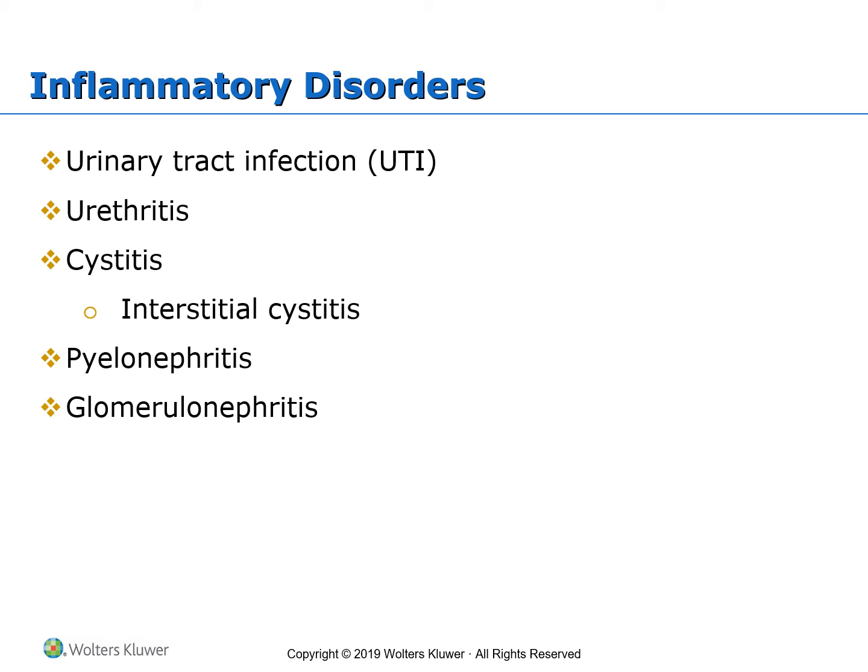There is a special type of cystitis that is called interstitial cystitis. That will cause a specific type of pelvic pain, where the patient is complaining about a very specific type of discomfort before and after urination.